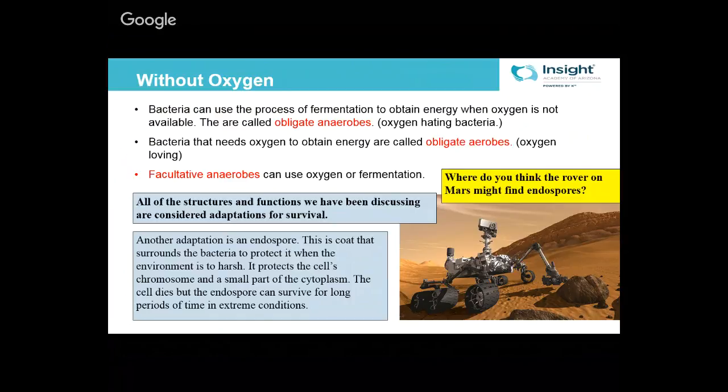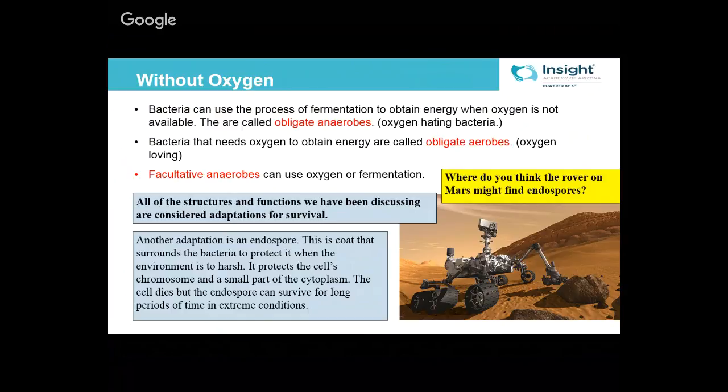So instead of using cellular respiration, it can actually use fermentation. And the bacteria that uses this process is called an obligate anaerobe. So it really does not like oxygen. It's an oxygen-hating bacteria.